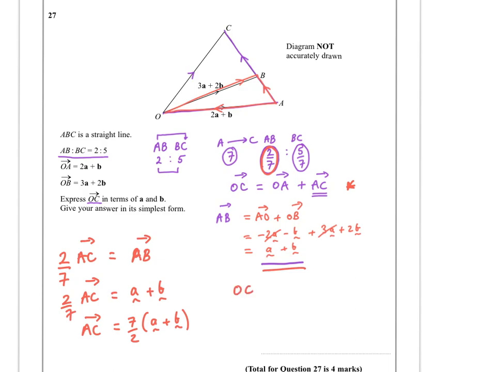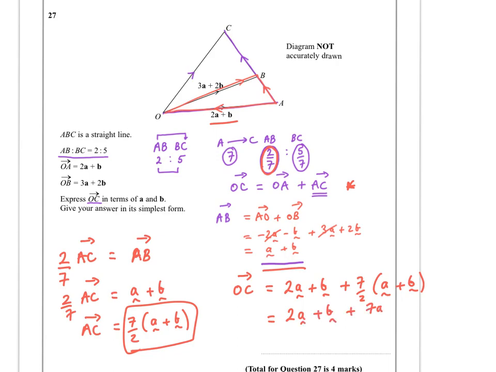So we'll have OC equals OA, which is 2A plus B, which is given here, plus AC, which is 7/2 of A plus B. And all we do is just multiply these out.